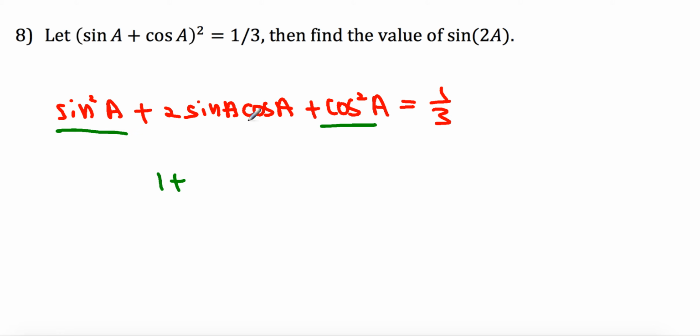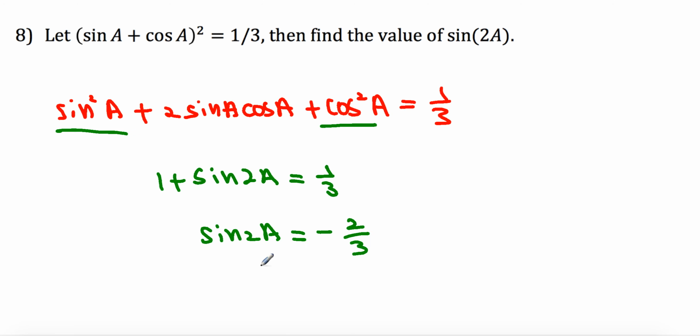But what is 2 sine A cosine A? In fact, that is sine of 2A is equal to 1/3. So when I subtract 1 from each side, then you get sine of 2A must be equal to negative 2/3. And that becomes our answer.